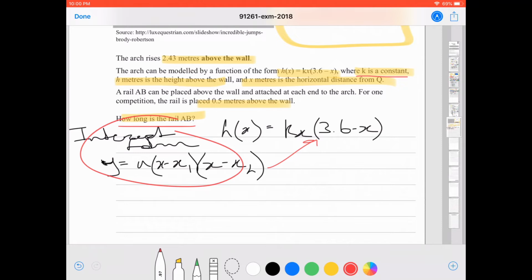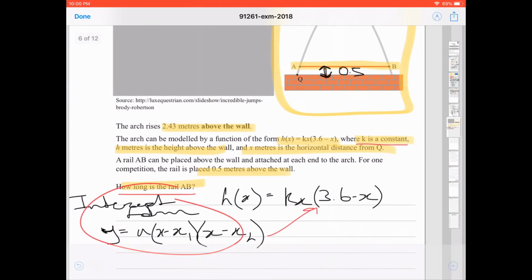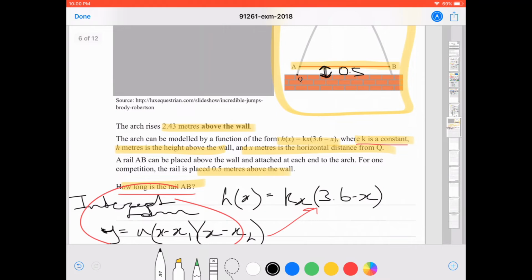Well, we can substitute in the information for any point on our parabola. A point in this case is usually x comma y, right? Because that's coordinates. Here we're working with x comma h of x. And that makes sense. X corresponds to x, y corresponds to h of x.